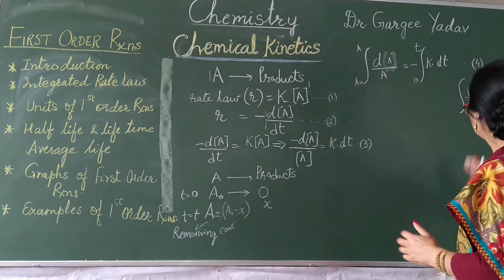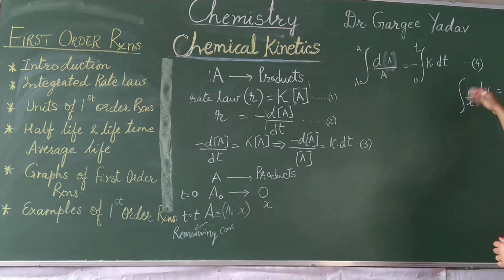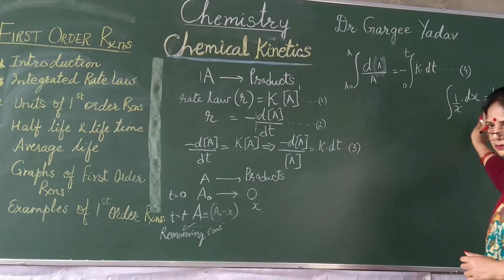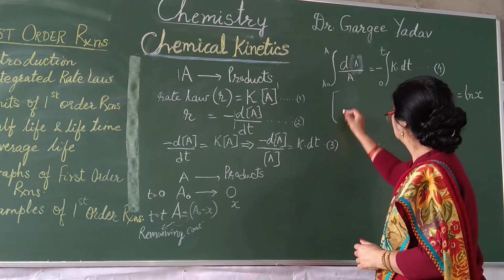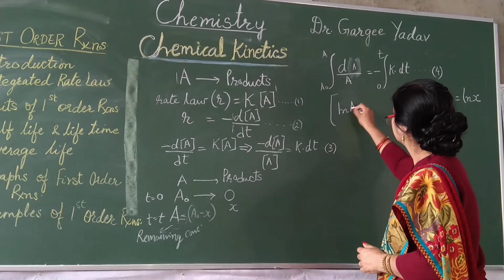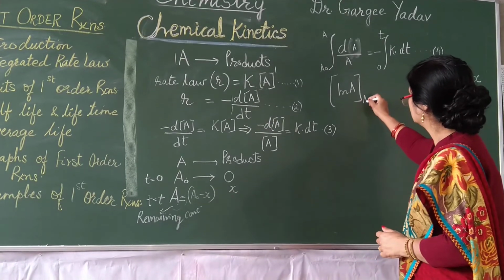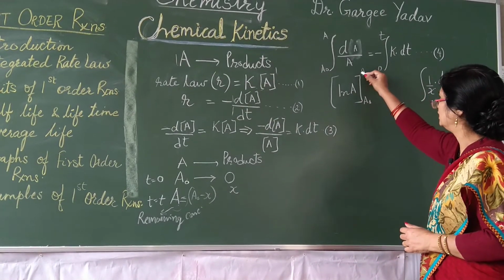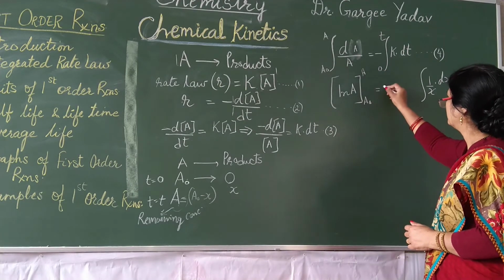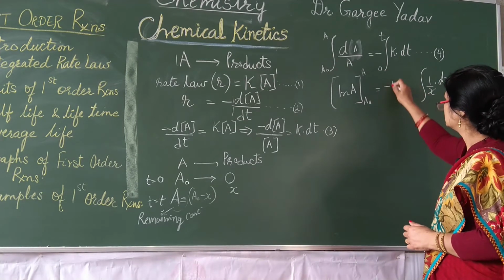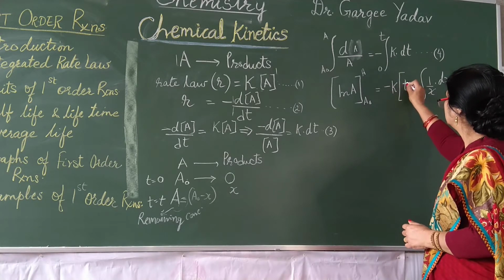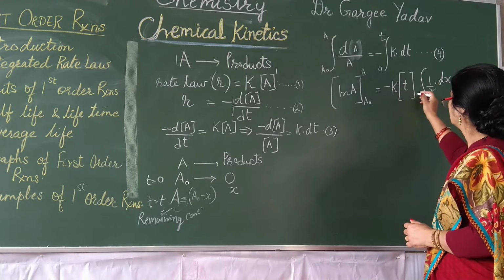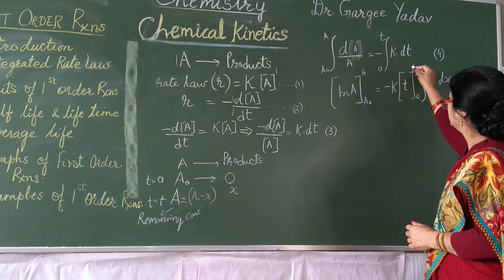So we apply this formula here, and what we get is log natural A, lower limit A0 and upper limit A, equal to minus K, which is a constant, and then t, lower limit 0 and upper limit t.